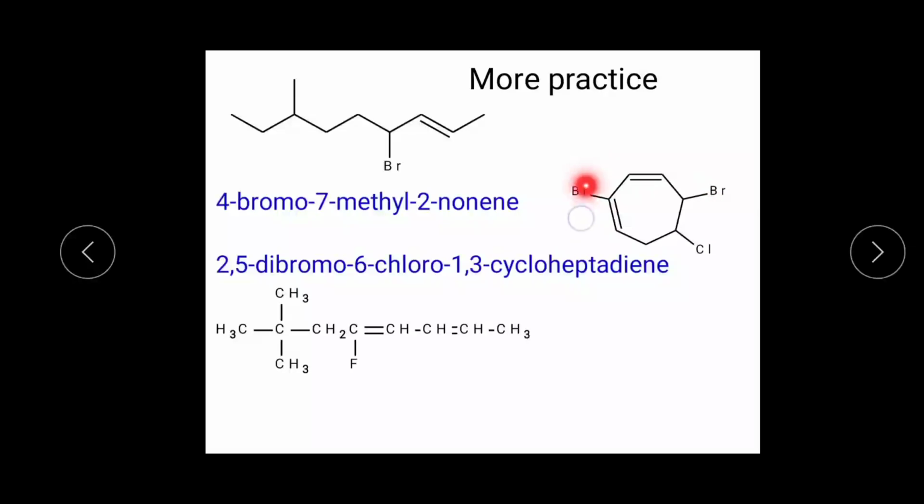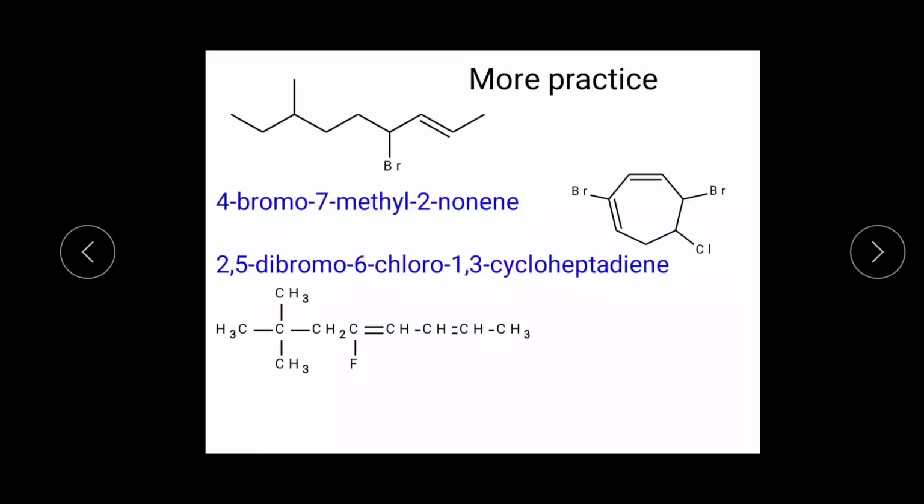So, where do these side chains attach? It is based on the numbering of carbon. So, we have two bromo located on the second and the fifth carbon, and we have also one chloro located on the sixth carbon. And in the naming, you have to arrange it in an alphabetical manner.